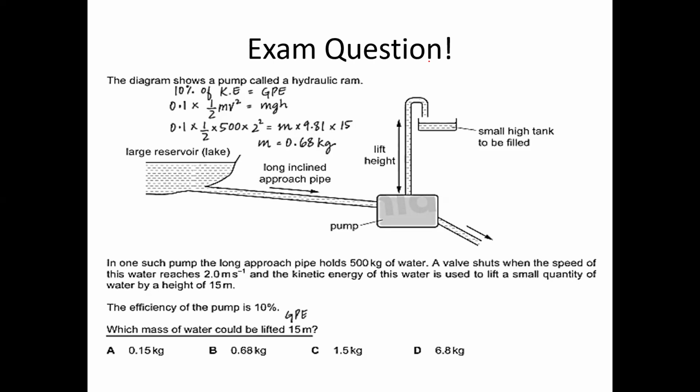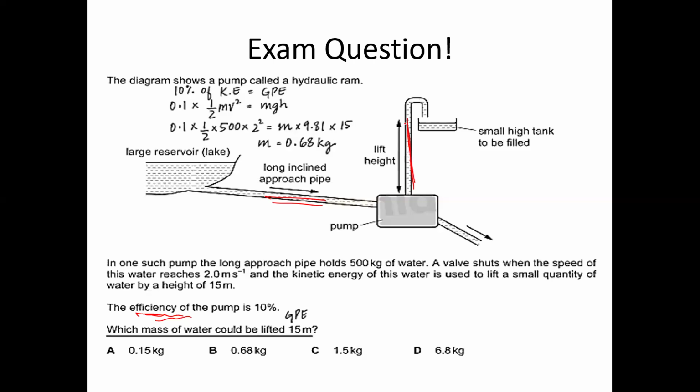So this question seems pretty tricky, but it has used the word efficiency, so your mind should be clicking with respect to that. We are going to use the concept of efficiency in this specific case. It says the efficiency of the pump is 10%. It means the kinetic energy of the flowing water is making the water lift upwards, right?